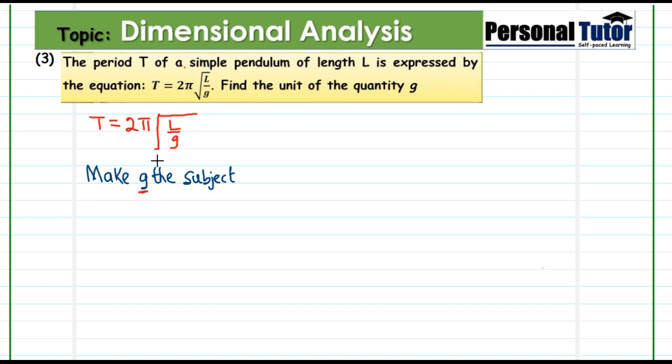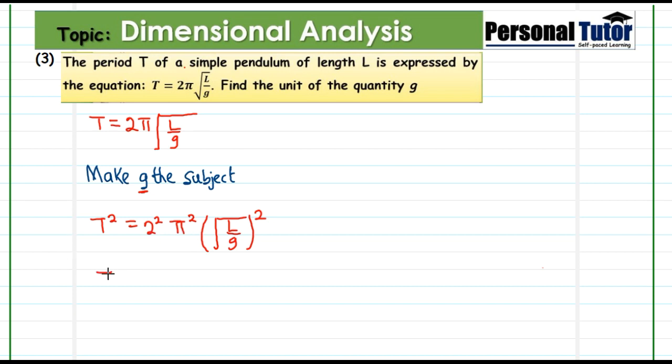But be mindful here, the T will carry a square, the 2 will also carry a square, this pi will also carry a square, and whatever is under the square root also carries its own square. So be mindful of this expansion.